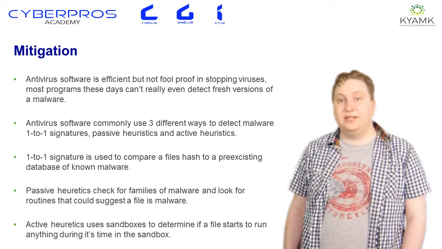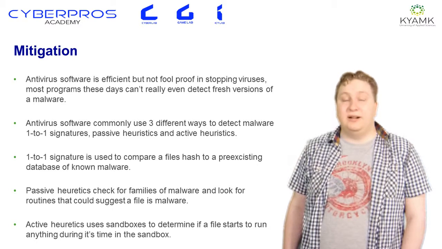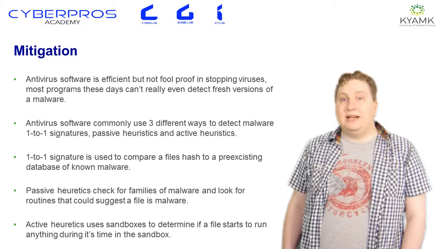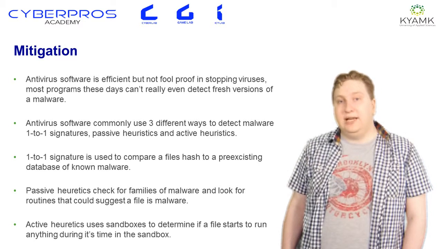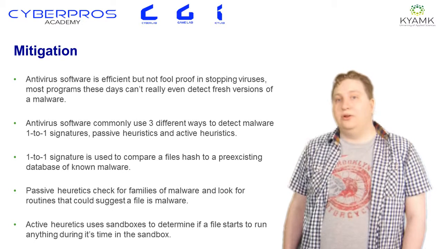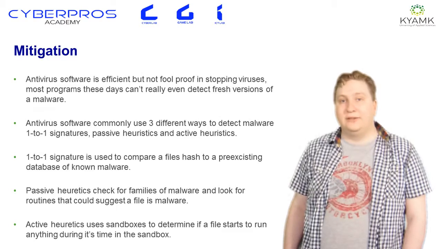There's passive heuristics, which just checks the program for specific functions or macros to see if it acts like malware, while an active heuristics check will put the program in a sandbox and check how it acts, and in case it acts like malware, it will destroy it.